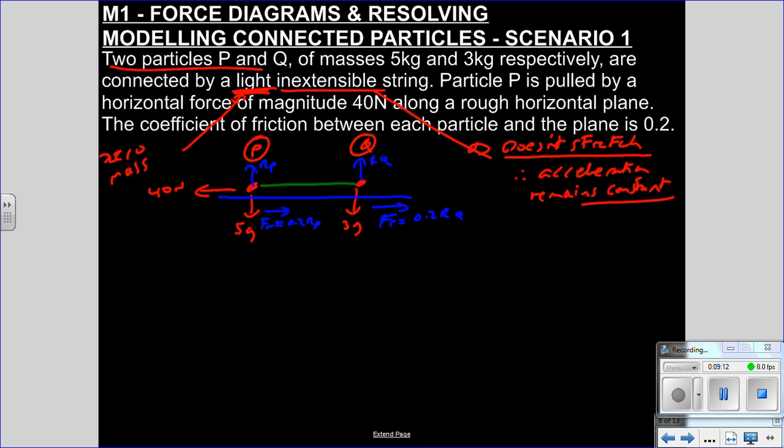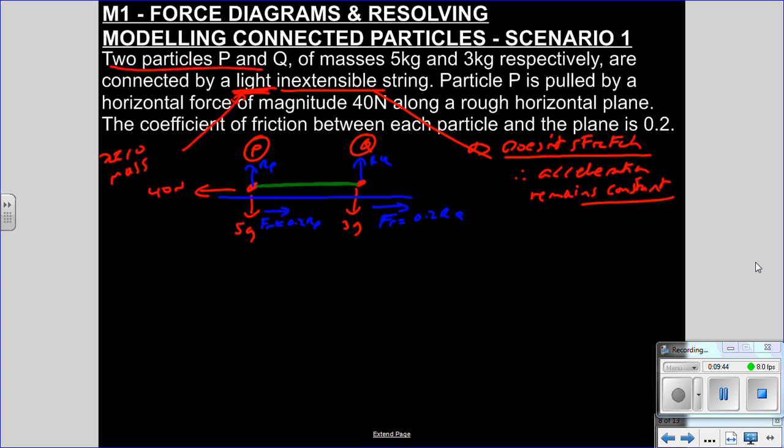And the string, let's talk about forces on that string then. So that string is being pulled, yanked, by the 40 newtons, but it's also got these two particles attached at either end. So once P starts moving, this string goes tight, doesn't it? And then the string itself is trying to keep itself together. There has to be forces acting within the string.